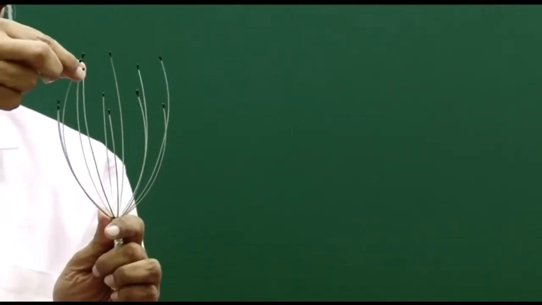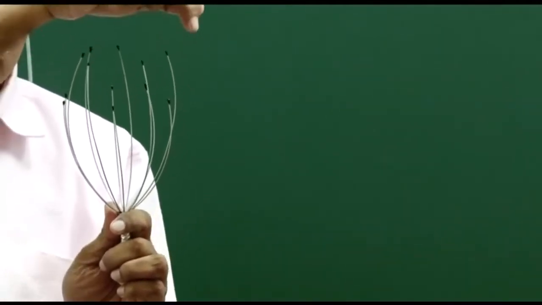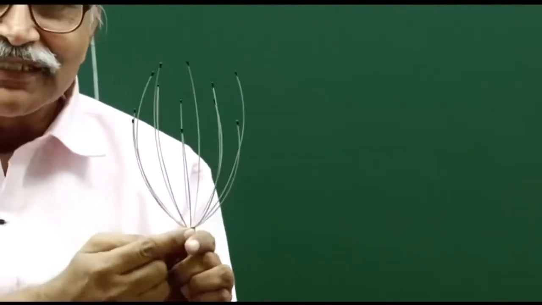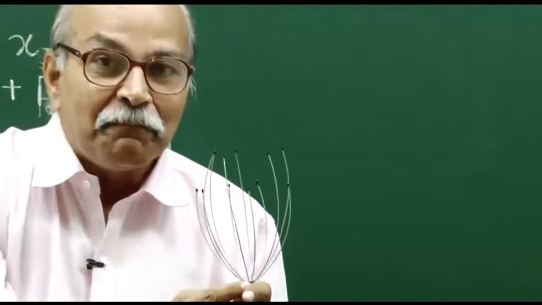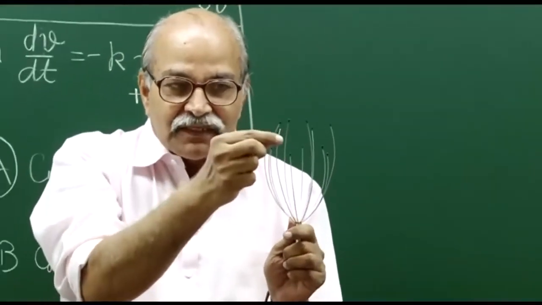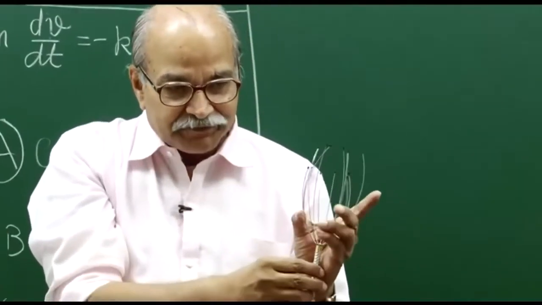Because if I am vibrating this, then all others will feel this periodic force through their joints at the base. Now, the different lengths correspond to different frequencies. Just I will show that.